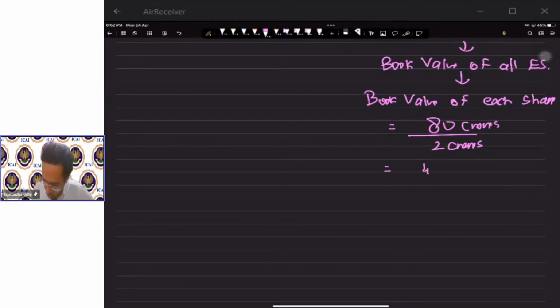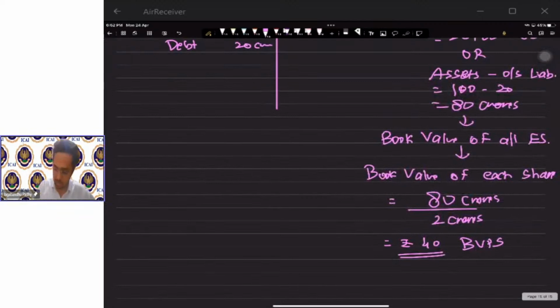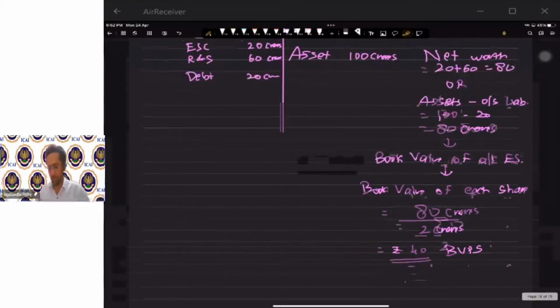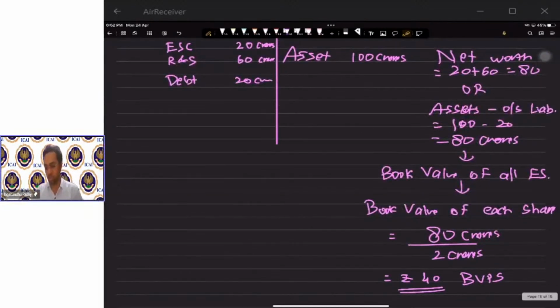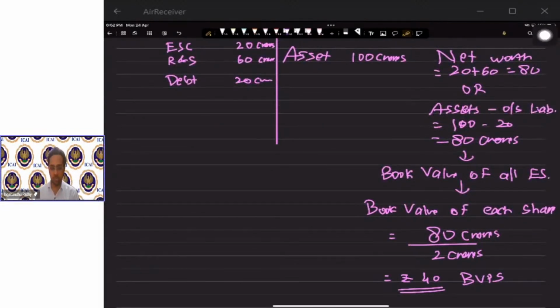So in total, you get rupees 40 as book value per share, right? So book value per share comes out to be 40, which means that each of the shares that the company has issued, as per books of accounts, has a value of 40 rupees.